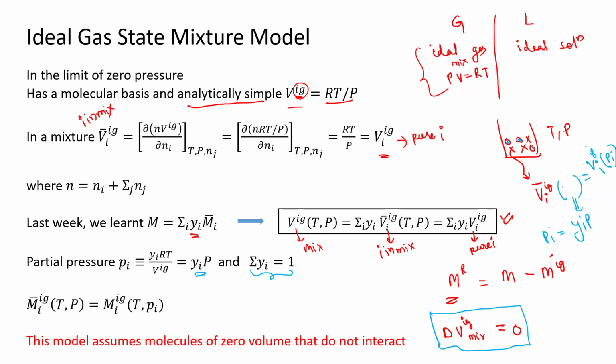So this V_i^IG bar is defined at the temperature T and pressure P, which is the overall pressure. But it is taken as equal to the molar property of the pure species at P_i in the ideal gas model, right?